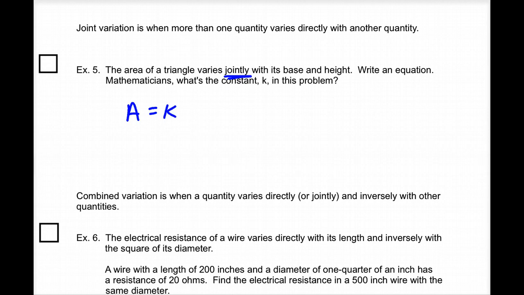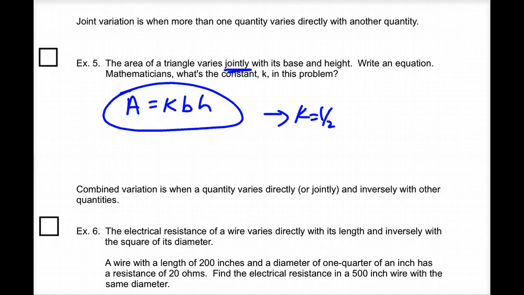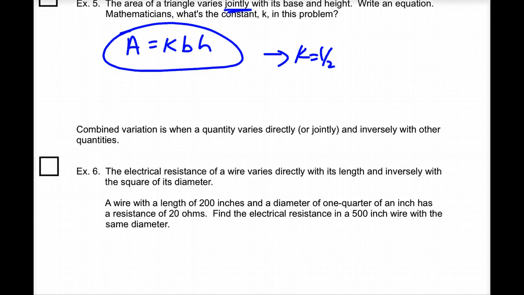Jointly means multiply, but because there's 2 things, I'm multiplying by 2 things, base and height. That'd be my equation. I did a follow-up. What's that magical number k in this one? Well, hopefully you recognize that k would be a half because that's the formula for a triangle. Area equals a half BH.